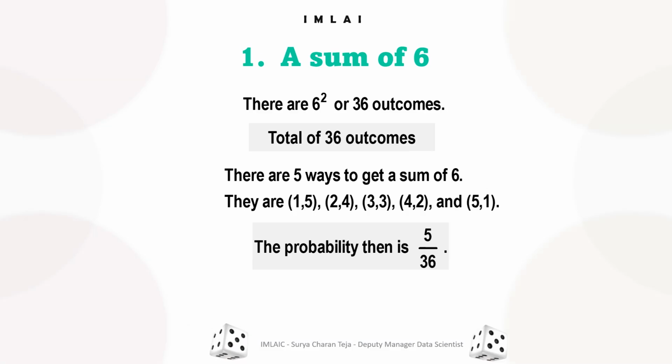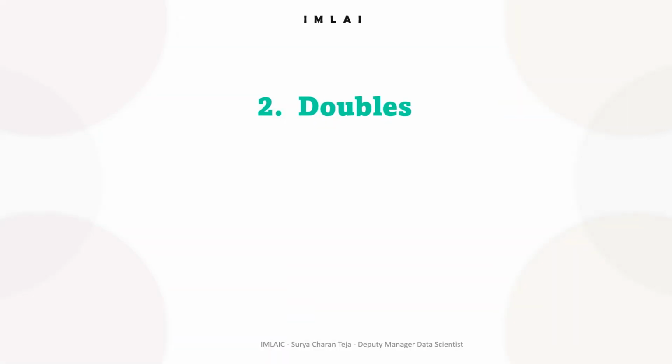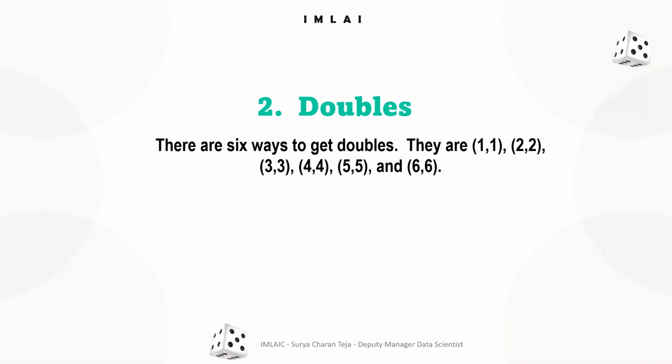Okay, now let's take up a second example. Doubles, we want doubles: 1 1, 2 2, 3 3, 4 4, 5 5, 6 6. You know how many we will have, obviously. There are 6 ways to get doubles.